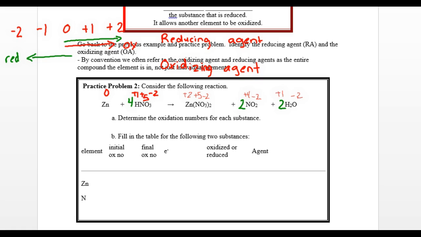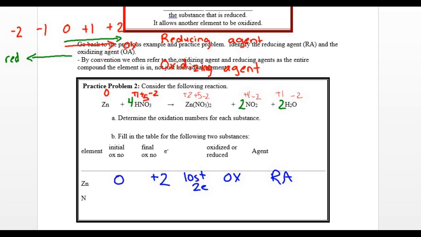In this reaction, we can see that the 2 substances that are changing oxidation numbers are zinc and one of the nitrogens. So we're only going to deal with the substances that change oxidation numbers. The initial oxidation number for zinc is 0. It becomes positive 2. Therefore, it has lost 2 electrons, which means it has been oxidized, and it is the reducing agent.